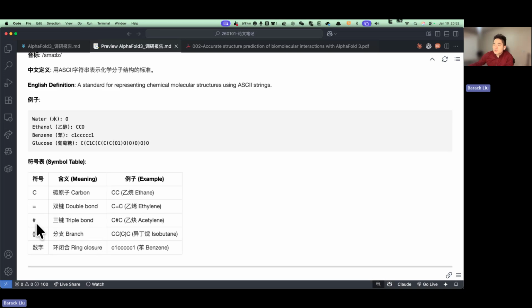Triple bond: C triple bond C means acetylene. Brackets mean branch. CC branch CC means isobutane. Numbers mean ring closure. C1CCC1. Okay.